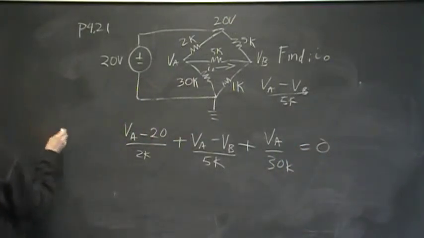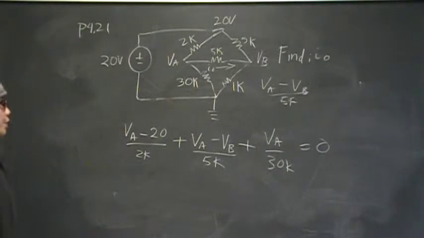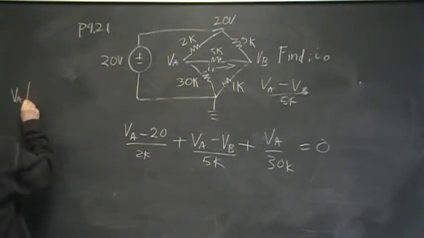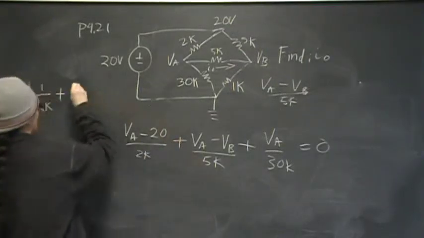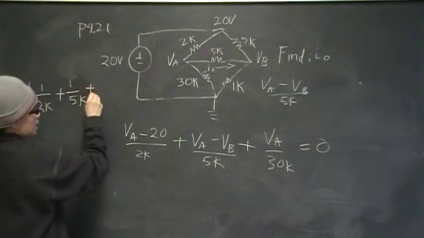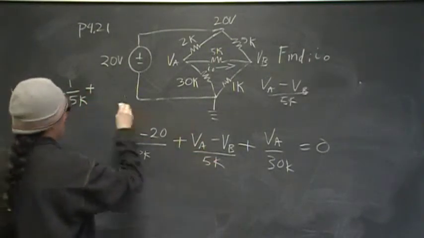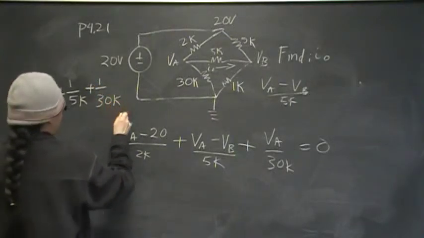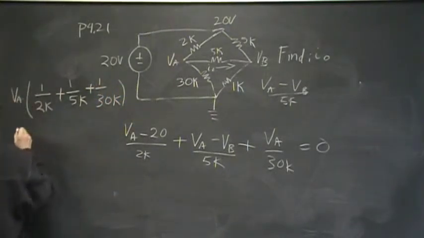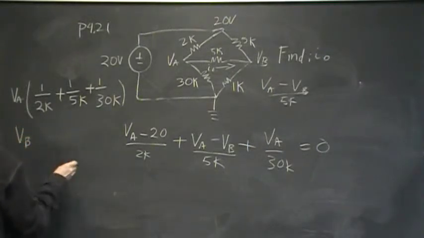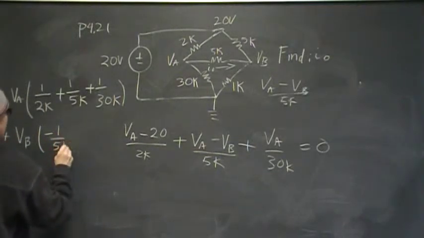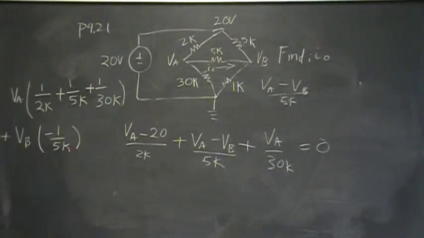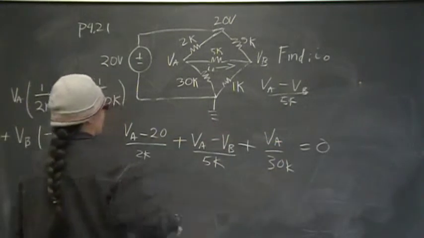So now I'm going to collect all of my coefficients because I'm not really going to solve this by hand. I'm going to use my calculator. So I'm going to go VA, collect all of the coefficients: 1 over 2K plus 1 over 5K plus 1 over 30K, and then VB, and my coefficient for VB is minus 1 over 5K, and then put this constant over on the other side.